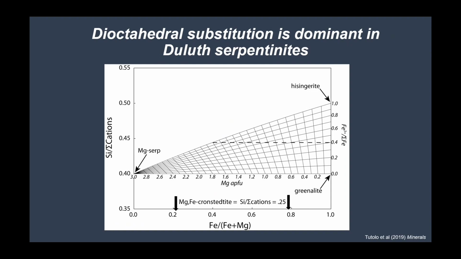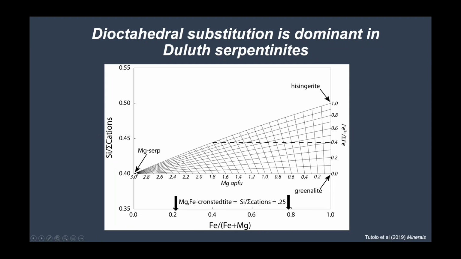And we can show that here in 2 ways. So in these rocks, the iron is so enriched in the serpentines that we can actually use a diagram like this in order to study oxidized iron generation in the serpentine structure. So what I have plotted here is silica over total cations on the y-axis and iron number essentially on the x-axis.